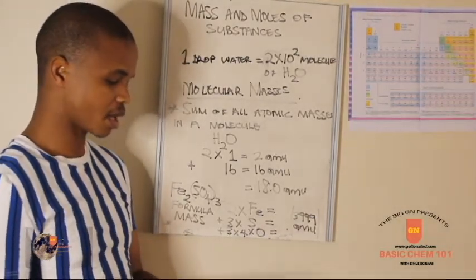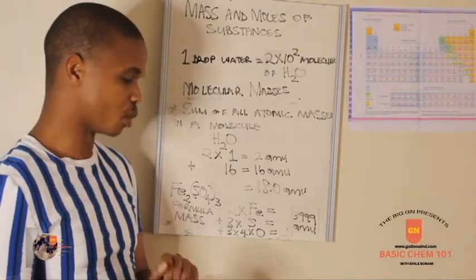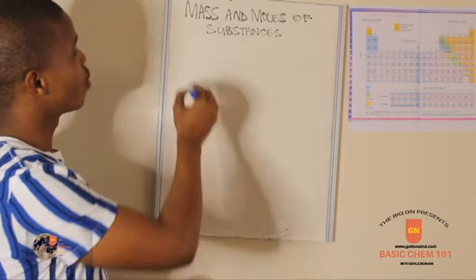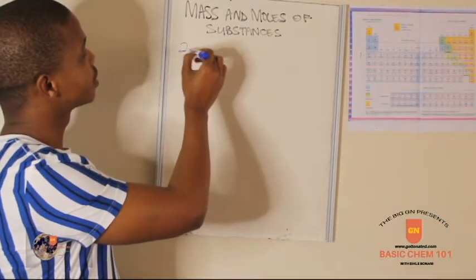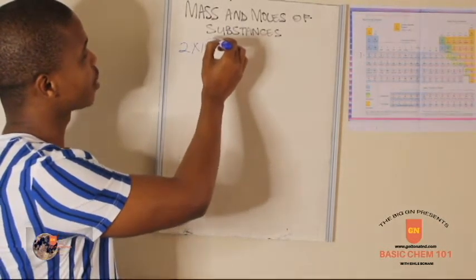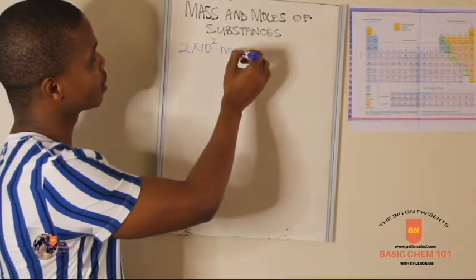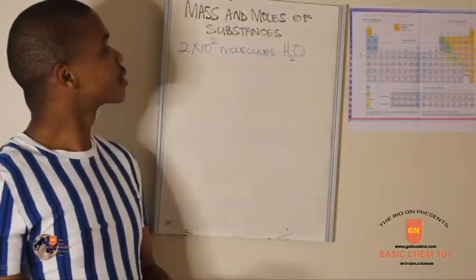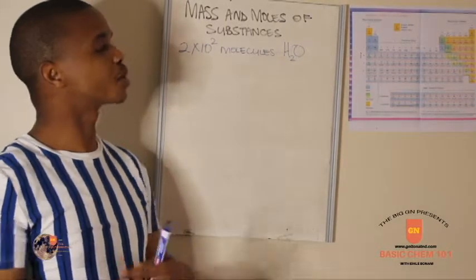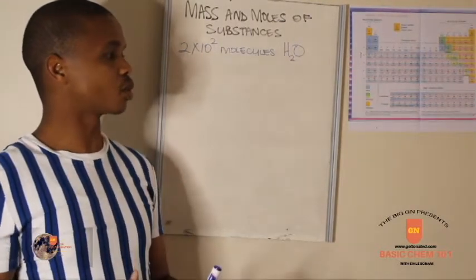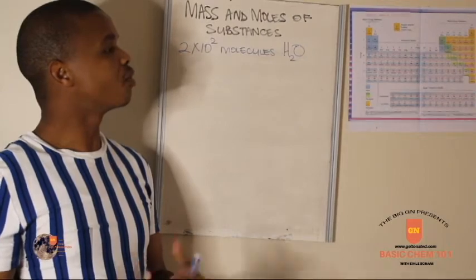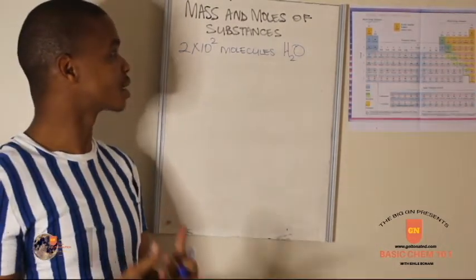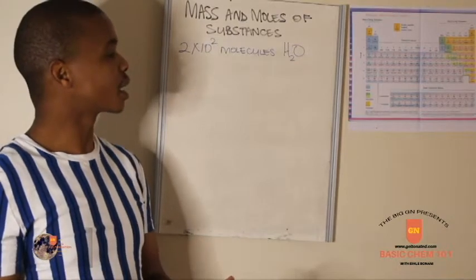Now let's move on to calculating moles. Now, if 1 drop of water is 2 times 10 to the power 2 molecules of H2O, as the number of drops, or the volume of water, grows, the number of molecules in water also increases.